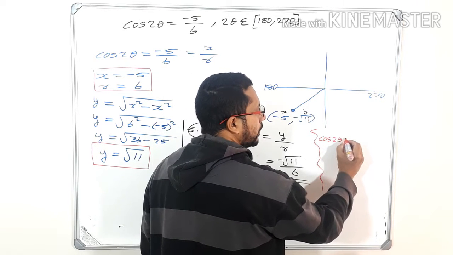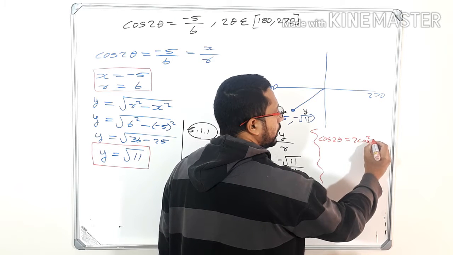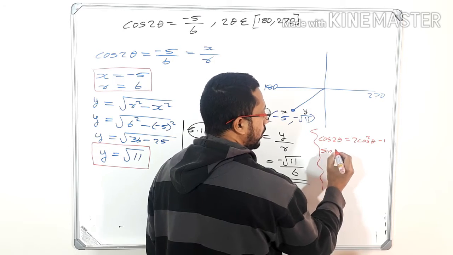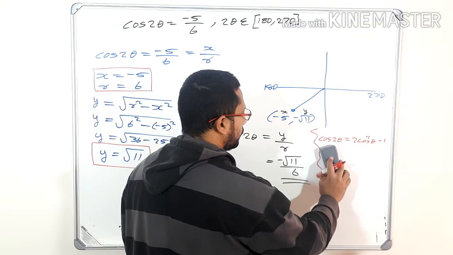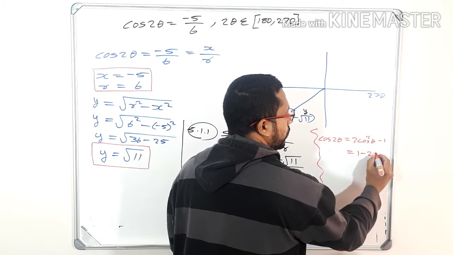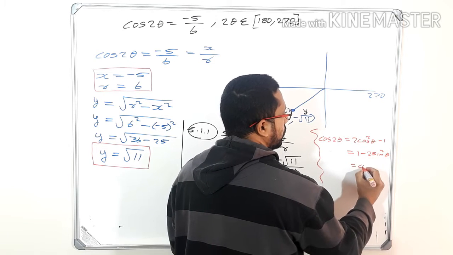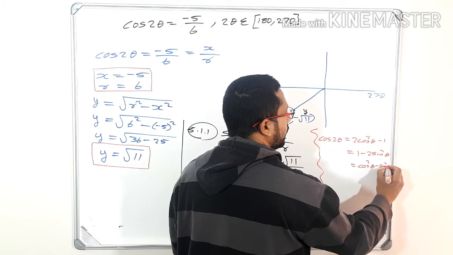What are the expansions of cos 2 theta you studied? There are 3 expansions. One is 2 cos squared theta minus 1, next one is 1 minus 2 sine squared theta, and the last one is cos squared theta minus sine squared theta.